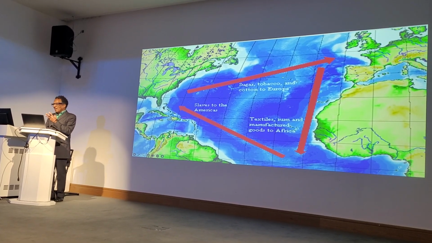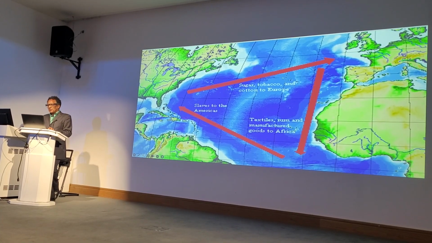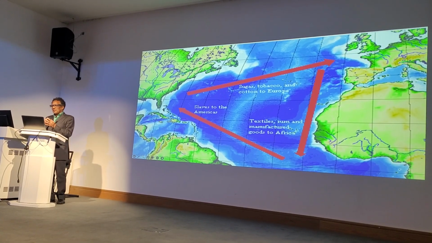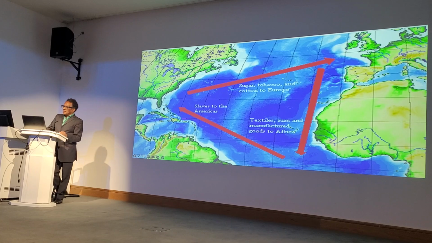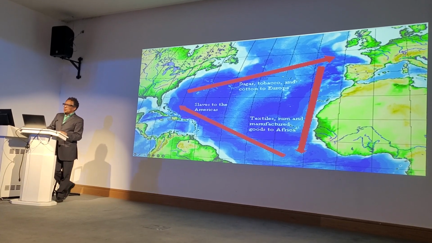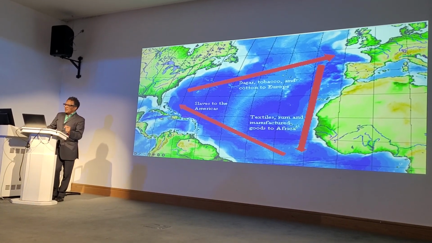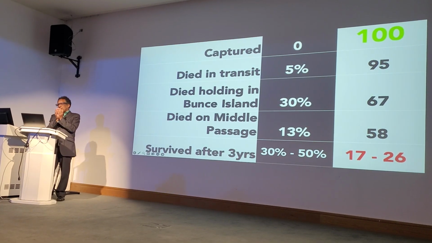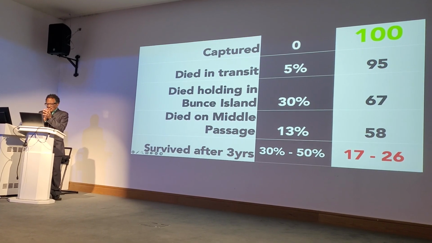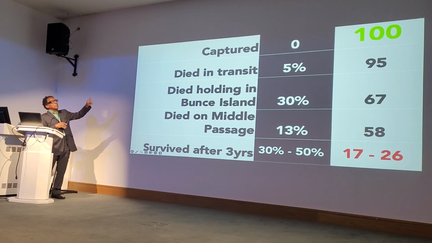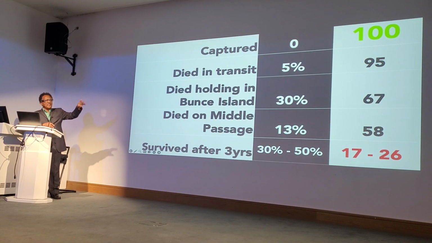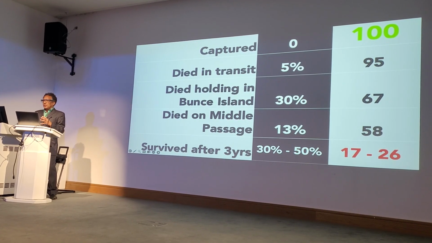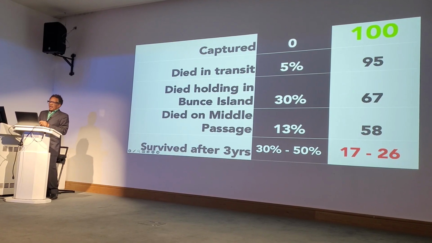But one thing I think is really important is that we don't lose sight. I like to humanize when I talk on slavery, because it's so easy to forget and to create this idea of the Negro. If we look at how the trade worked, say 100 slaves were captured.